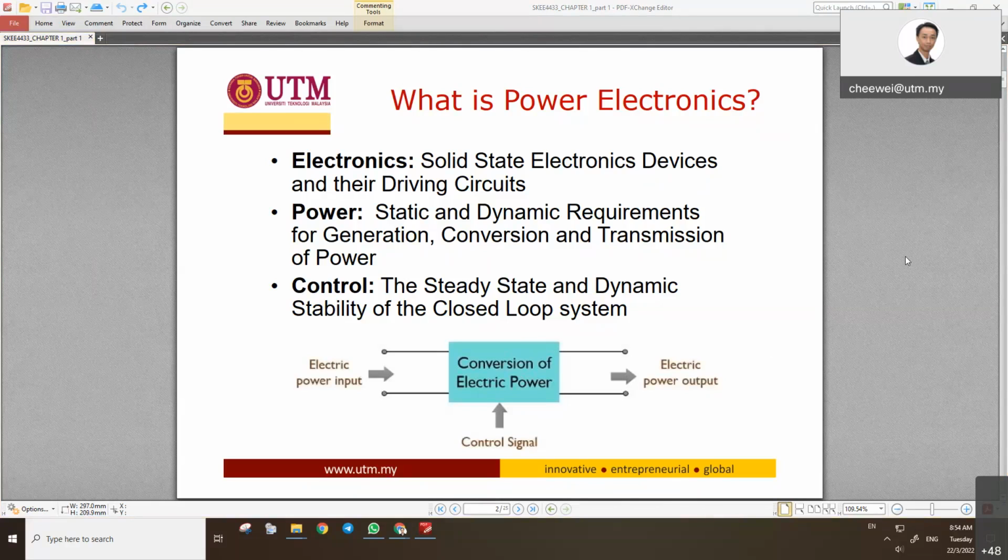Tesla? Yes, doctor. Your name is Tesla, is it? Yeah, that's my English name. Wow. You know Elon Musk, your brother maybe. Okay. What is solid state?